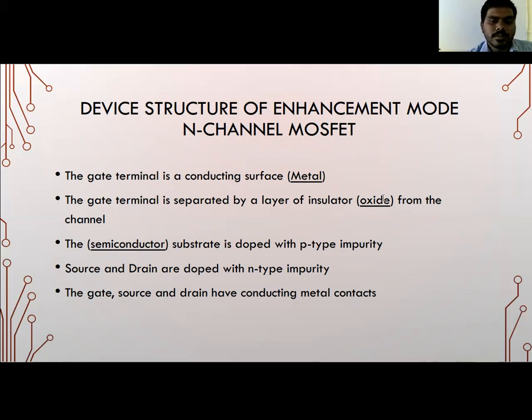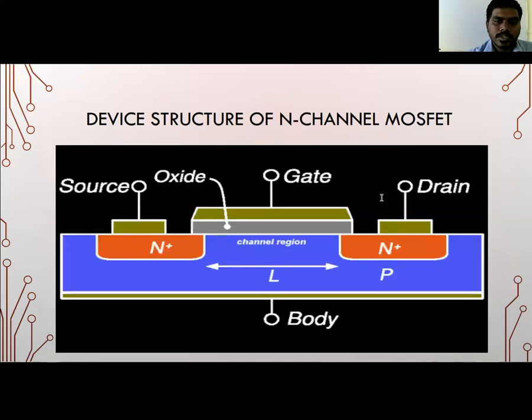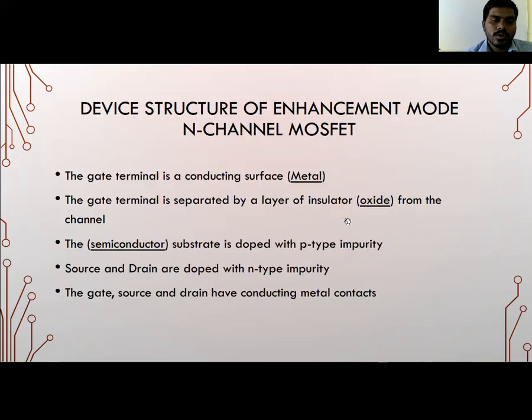The semiconductor substrate is doped with p-type impurity, meaning you have created holes there, and those holes can attract free electrons.